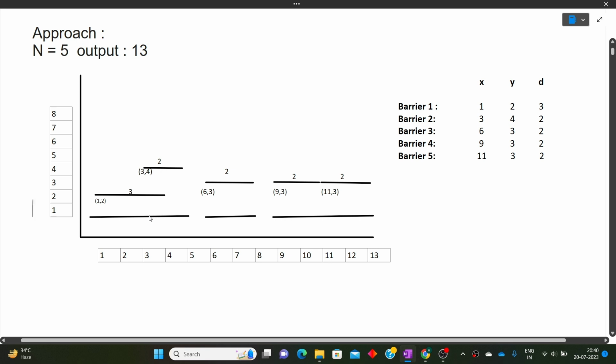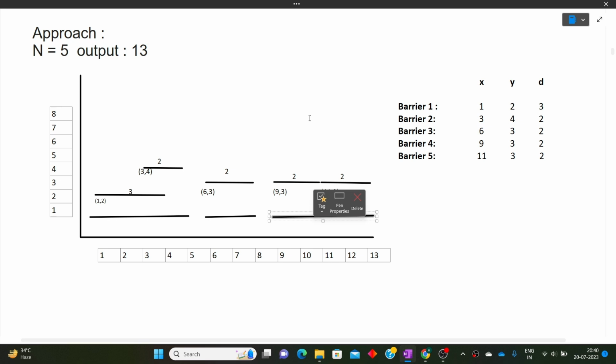Here we found that in the end, three barriers are non-merging. Then we will find out how many people have been blocked by the first barrier, the second barrier, and the third barrier, and this will be our answer, and we will simply return it. So this was the high level of the approach, how we will be moving ahead.